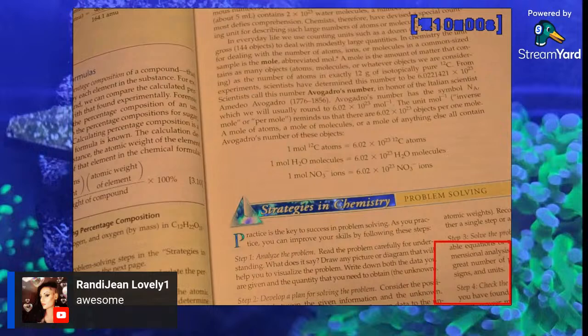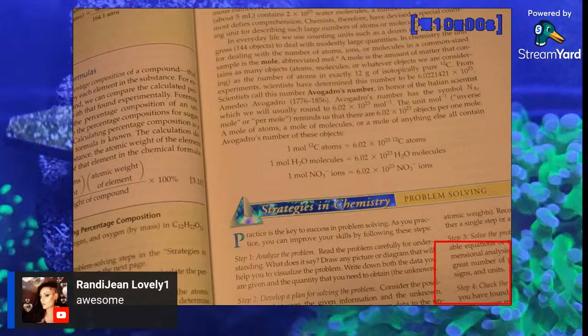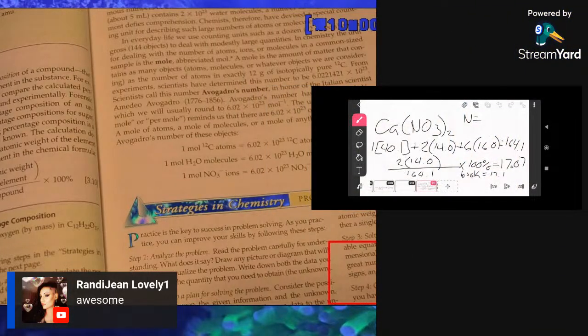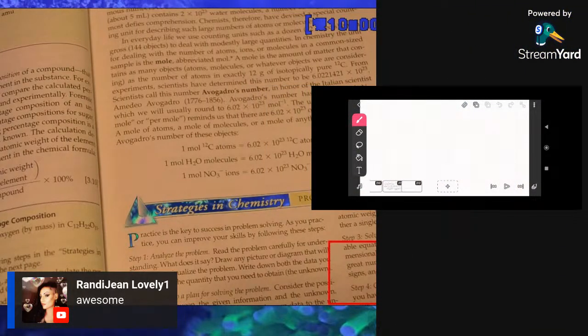So it doesn't matter if it says 1 mole of electrons or 1 mole of whatever. It's always talking about that number, 6.02 times 10 to the 23rd. And that number is really important. Let's get the sketch out, but this number is really important, 6.02 times 10 to the 23rd.